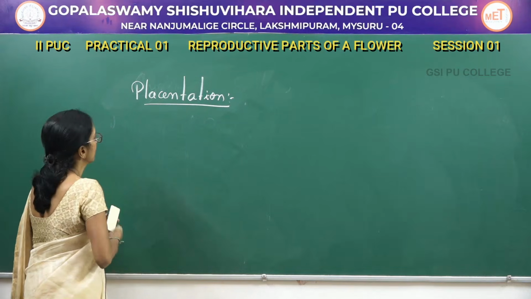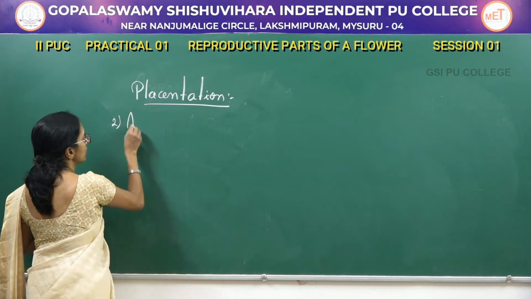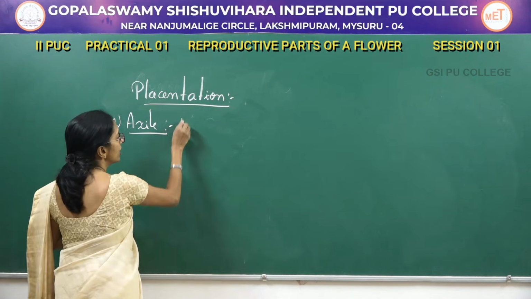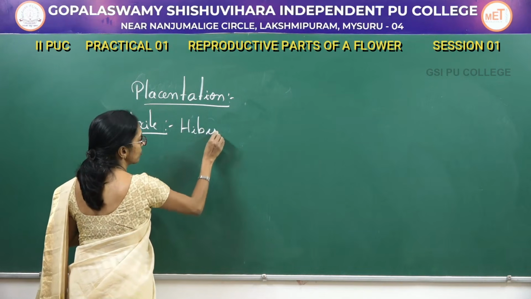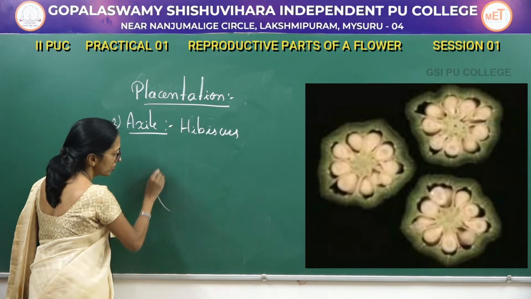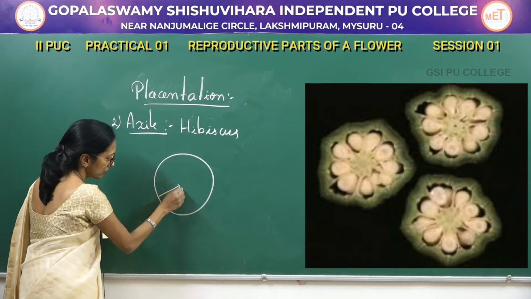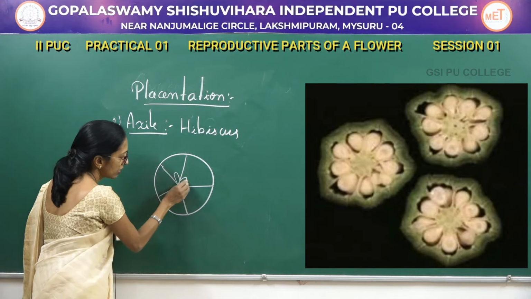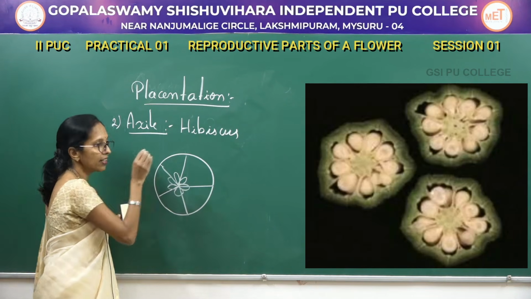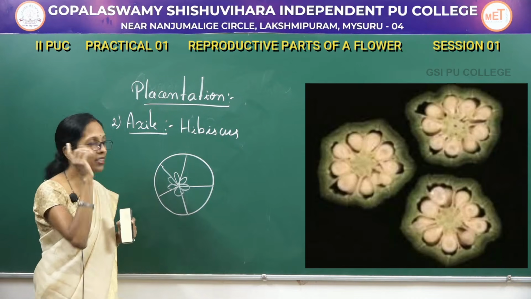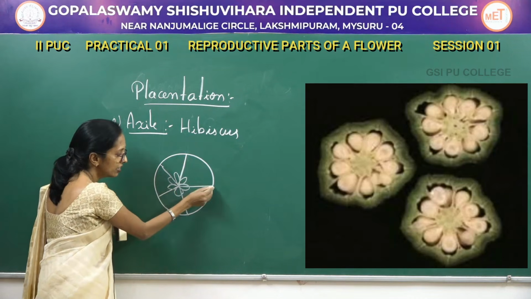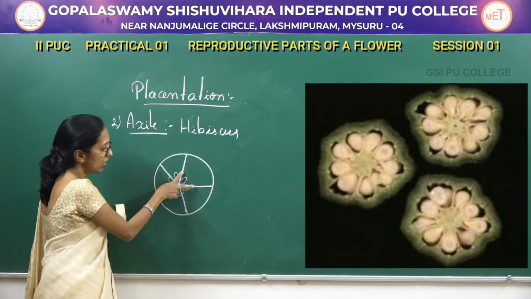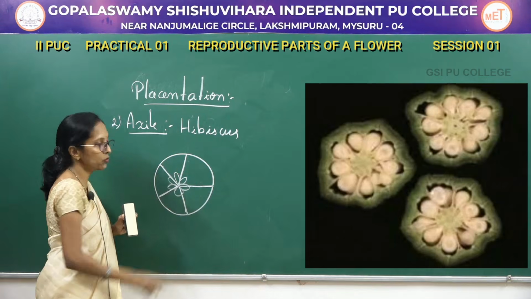The second type is axial placentation. Axial placentation is seen in hibiscus. Here ovules are attached to the central axis with septa. What is meant by septa? These are the septa, which are nothing but the two carpels that are fused here.